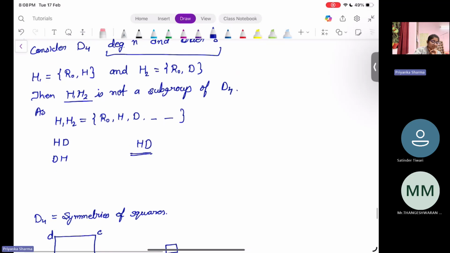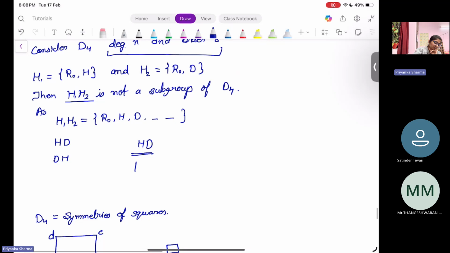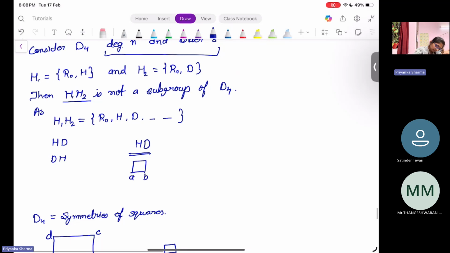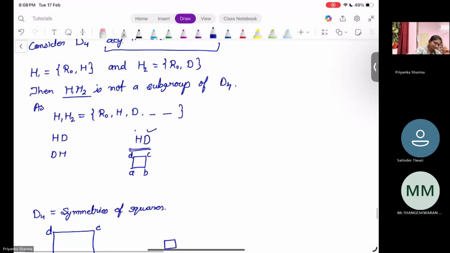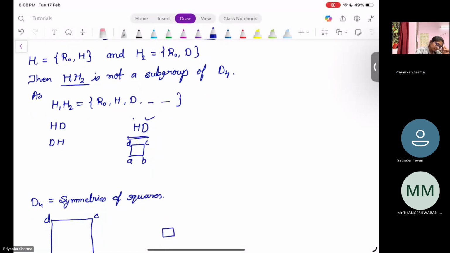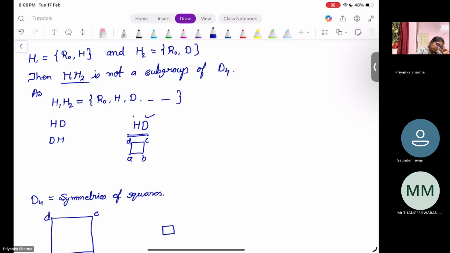What is HD actually? If you are not fluent with this, just start with the square, that is A, B, C, and D. First apply D on it, then apply H on it. When you apply D, you will get A and C, B and D, and then H. So you will get H means this.